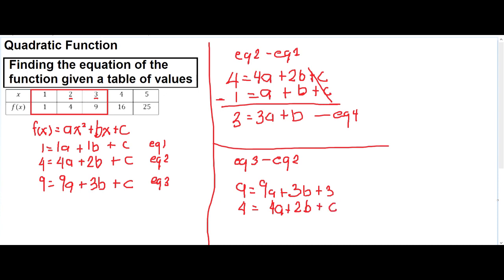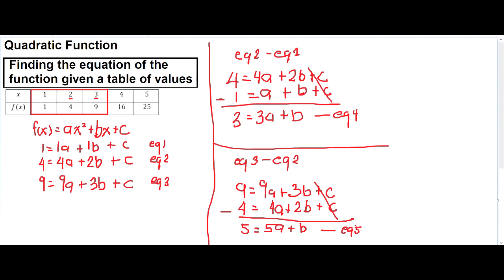I'm sorry, c pala yung 3 na yun. Again, subtract. That's 9 minus 4, that's 5. 9a minus 4a is 5a. 3b minus 2b, plus b. Then you have c cancel. This will be now your equation 5.